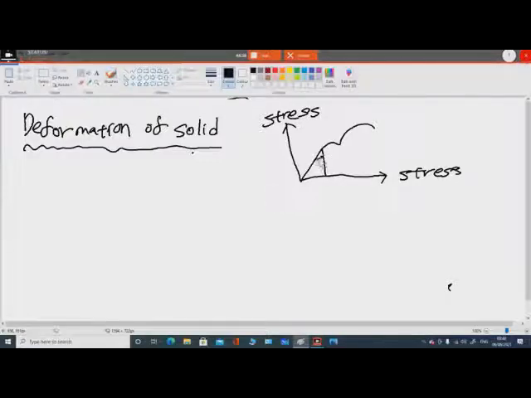Okay, so this is the area before the elastic limit. This is A, which is the proportional limit. So in this triangle, the area of this triangle is what we call strain energy per unit volume.